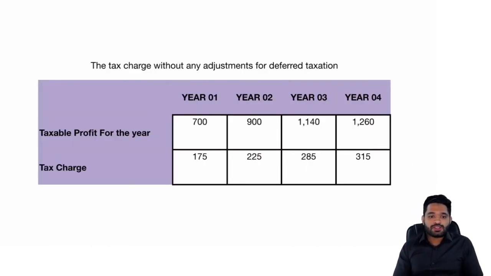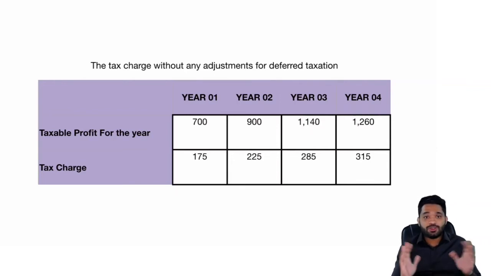Now, when you look at your taxation without doing any adjustments, your taxable profit for the year is going to be 700, 900, 1140, 1260. You see, it's different. The reason for the difference is the difference in the depreciation. Now, under accruals, we are required to consider the total expense related to the period.